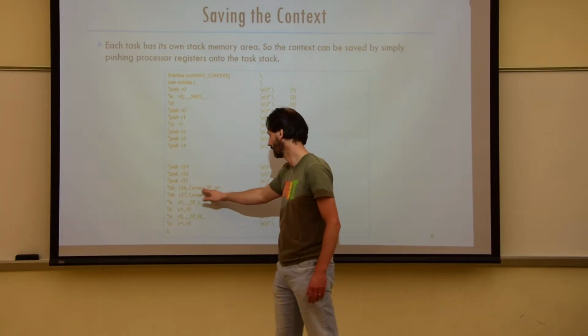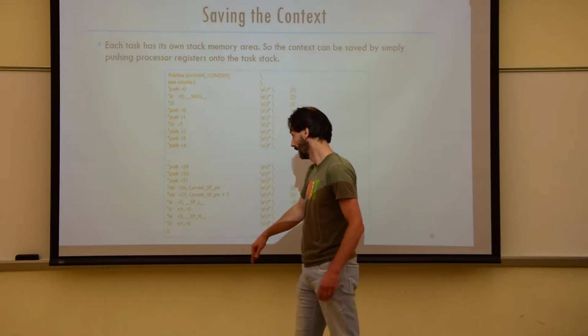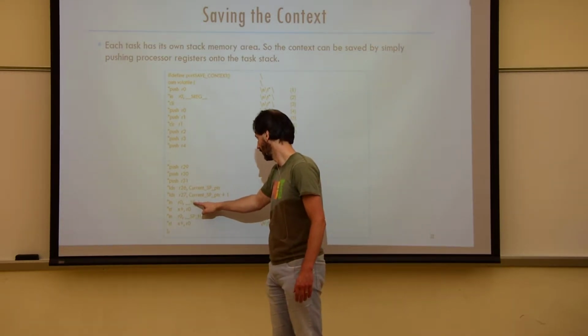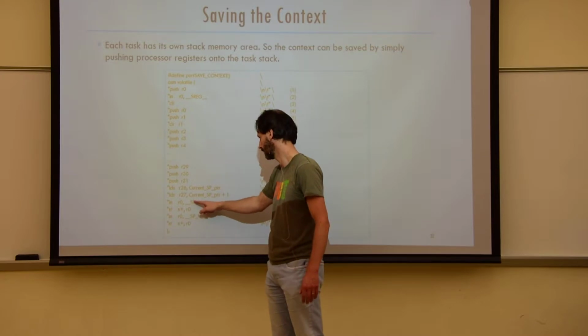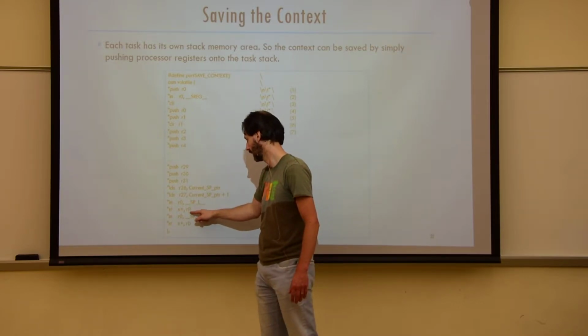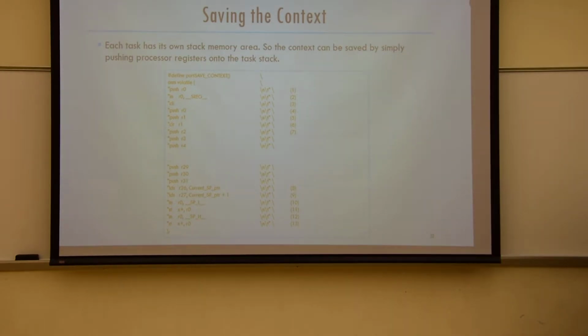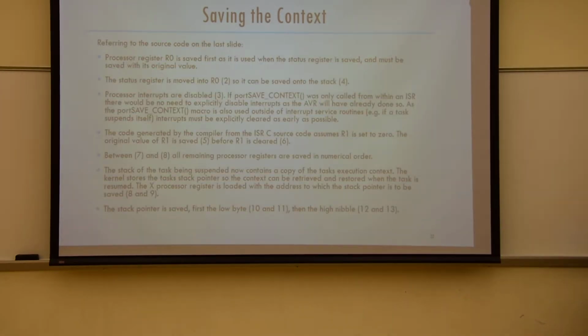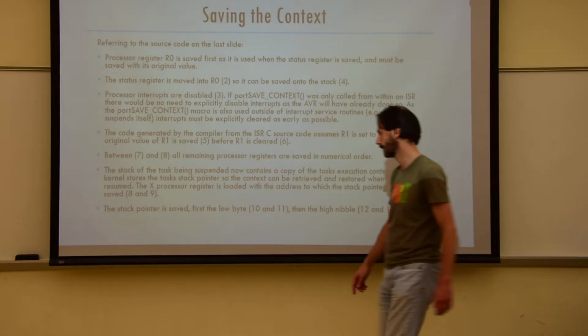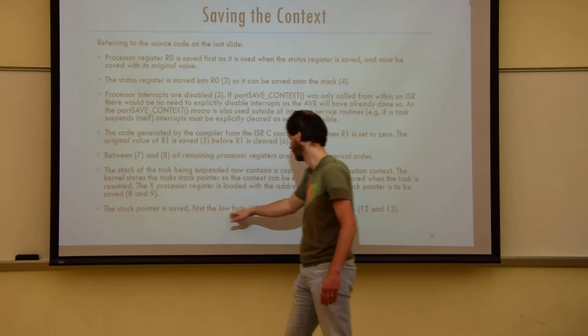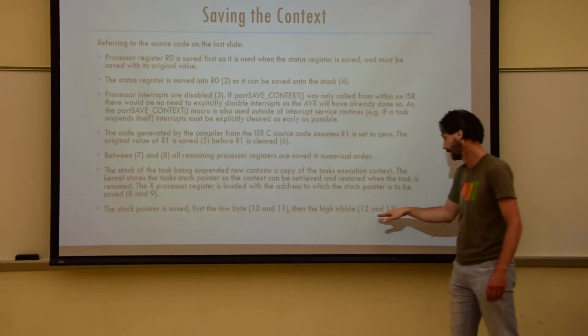So the stack pointer goes in here. We have the low part and the high part. So first the low part, and then the high part is being read into R0. So anyway, that is how it works. So the stack pointer is now saved. First the low byte, and then the high nibble.